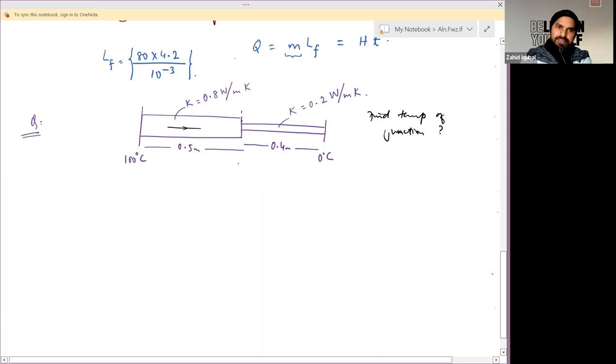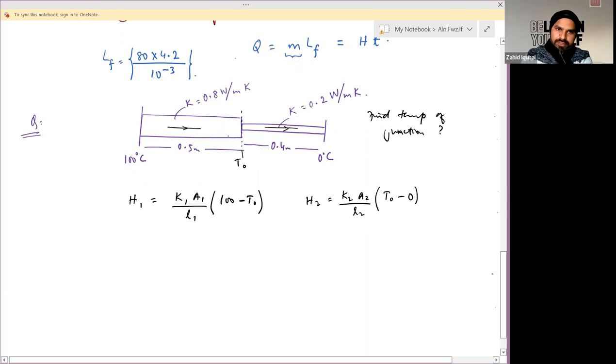Let's say the temperature of this junction is T0. So we may define heat current in the first part as K A divided by length times the temperature difference, 100 minus T0. Similarly, heat current in this rod, H2, equals K A divided by length times the temperature difference, T0 minus 0.